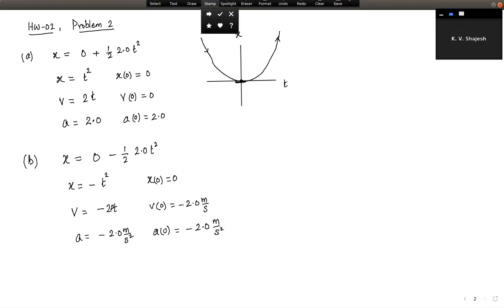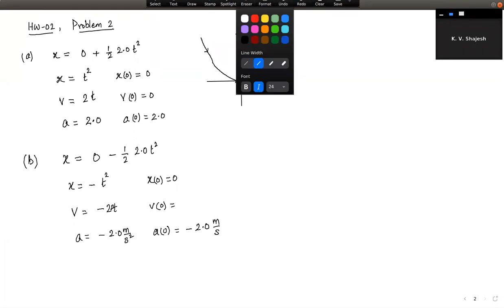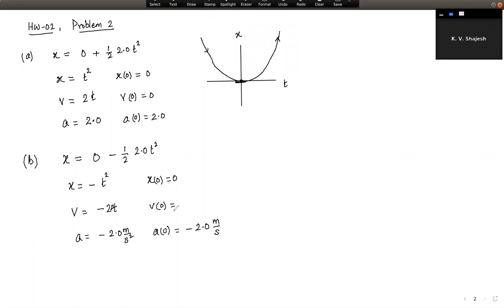Oops, that's a mistake. So the velocity at time t equal to 0 is 0, and this is meters per second square.